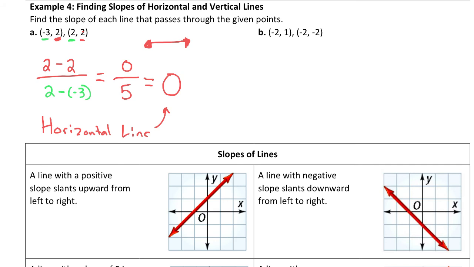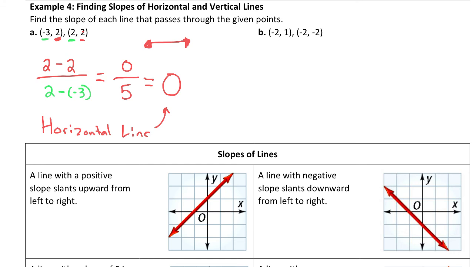It doesn't go up or down. It's just constant, okay? That's a horizontal line. A lot of times they talk about rise over run. I don't always use that, but if you're thinking about rise over run, this line has 0 rise, but infinite run. So it doesn't rise at all. It doesn't rise or fall. It's just flat.